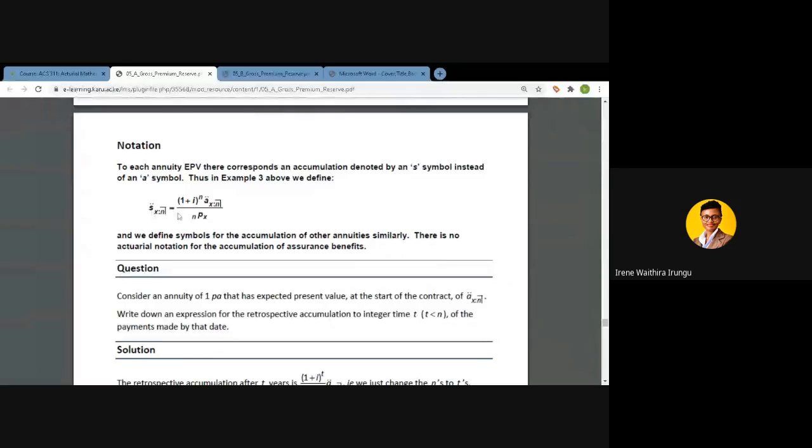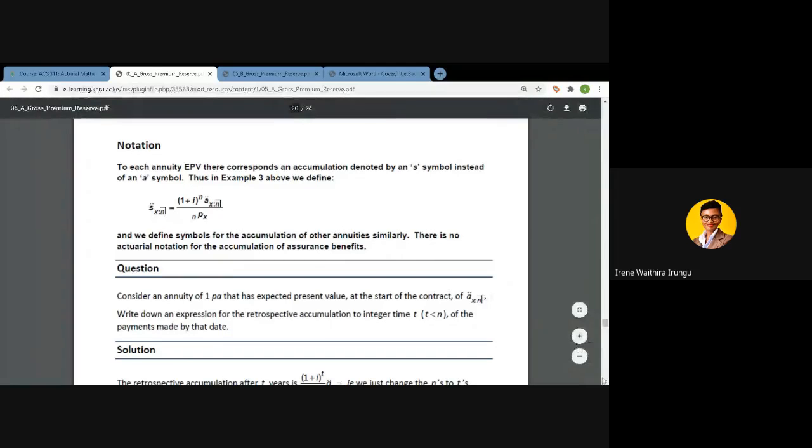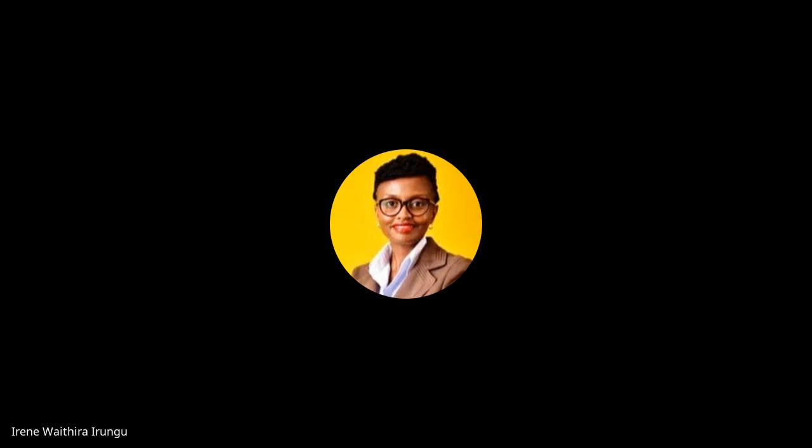So you can have that representation as well. So we can now look at an example. I think this is what we've already spoken of. So consider an annuity of 1 per annum that has expected present value at the start of a contract of, so this is the MPV at the start of the contract.